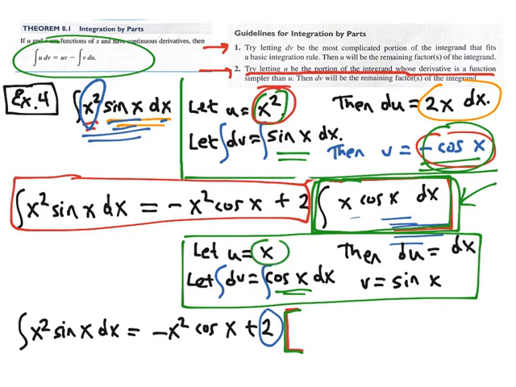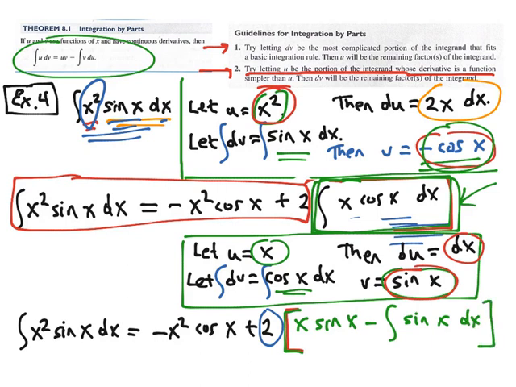So uv, u times v would be x times sine x, uv minus the indefinite integral of v du. And again, v is sine x and du is dx. So v du would be sine x dx.